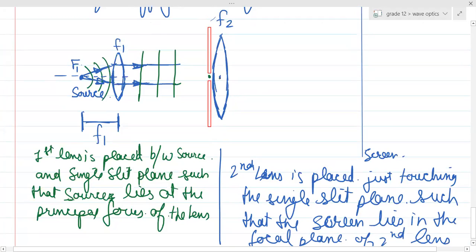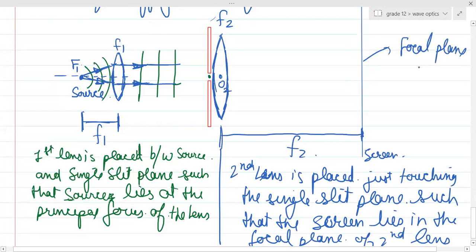So basically, what did you do? Use the thin lens. So whatever distances which are coming from here, you will assume that they are coming from the optical center of the second lens, and you will place it in such a way that this distance is equal to the second focal length. This screen lies in the focal plane. So whatever light rays which will be falling over here, after refraction, they will become parallel, and they'll form an image over here.